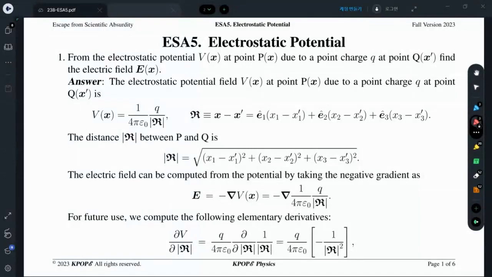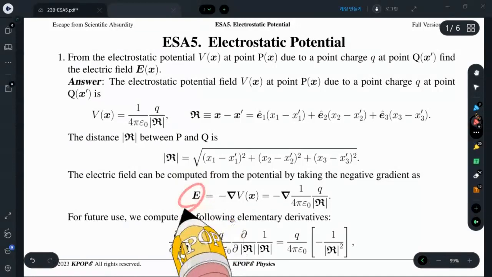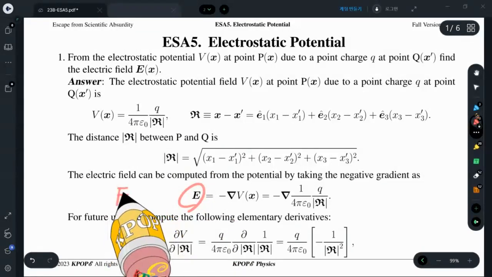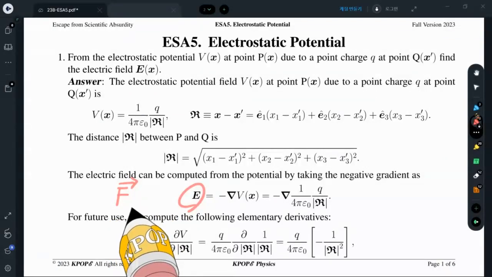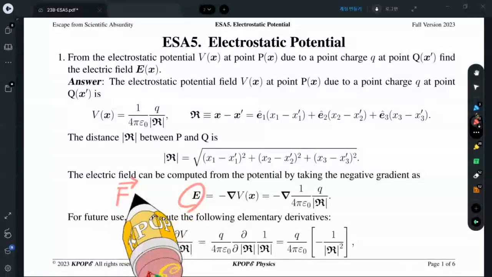We have a more convenient concept called the electric field, which is identical to the electrostatic force, except that the strength of the force is divided out already.